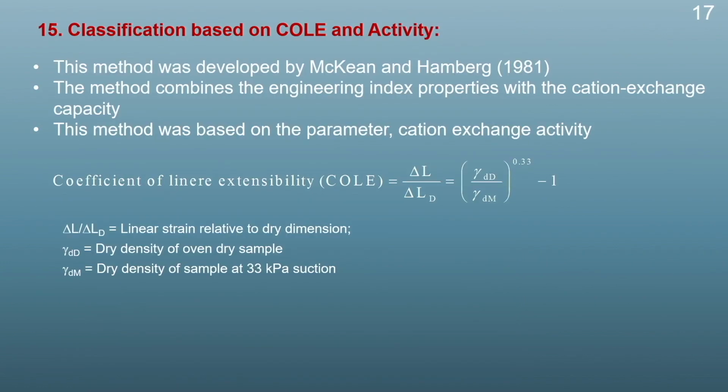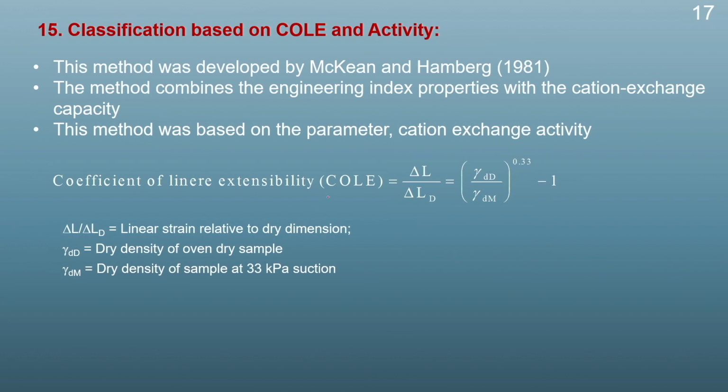The next method of classification is the classification based on COLE and activity. COLE means the coefficient of linear extensibility. This is a method of determination of shrinkage of a soil, which I will explain later on.